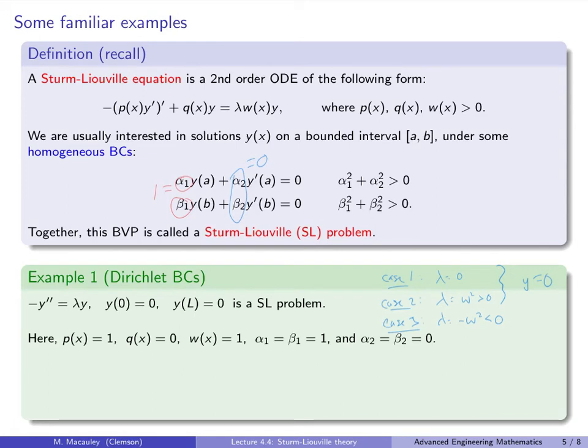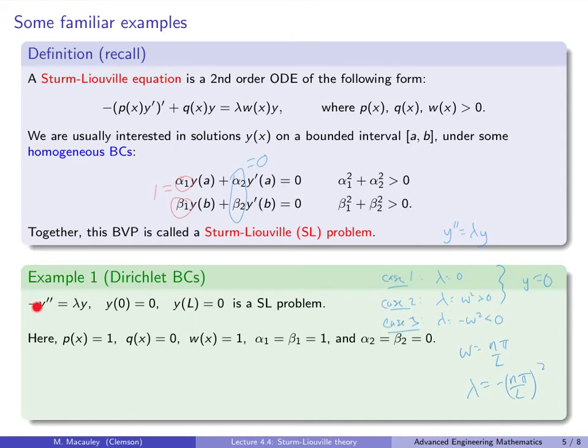And remember, as I said before, our ODE here was y double prime equals lambda y. And I told you we had to solve for y and lambda. I didn't really tell you why. So in case 3, we got that omega was just plain old n pi over L, which means that lambda was negative n pi over L squared.